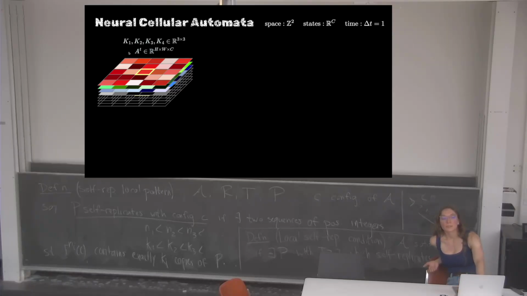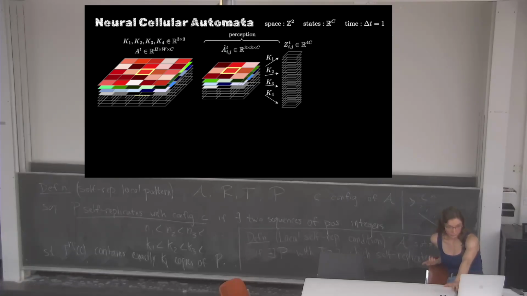And we have some fixed kernels. In our case, it will be 4. You will see that it's actually not such an arbitrary choice. And what we will do now is, if we are interested in the value of this central cell, we take this slice of the neighborhood of this cell across all the channels, and we apply the first kernel to every single one of these channels, which will give us exactly C values.